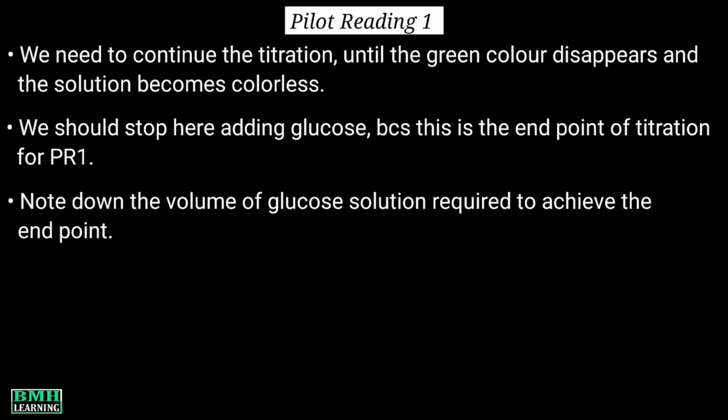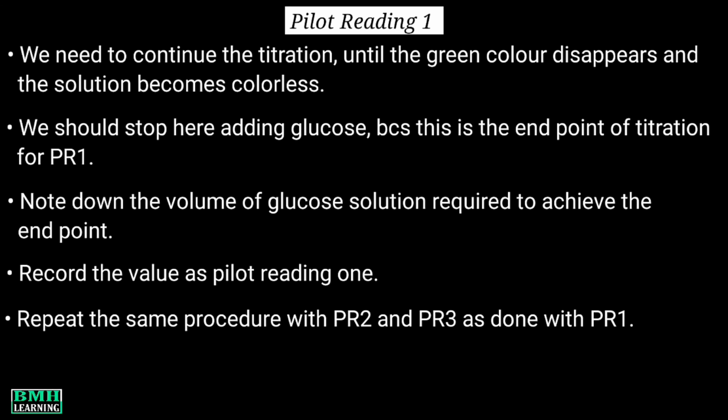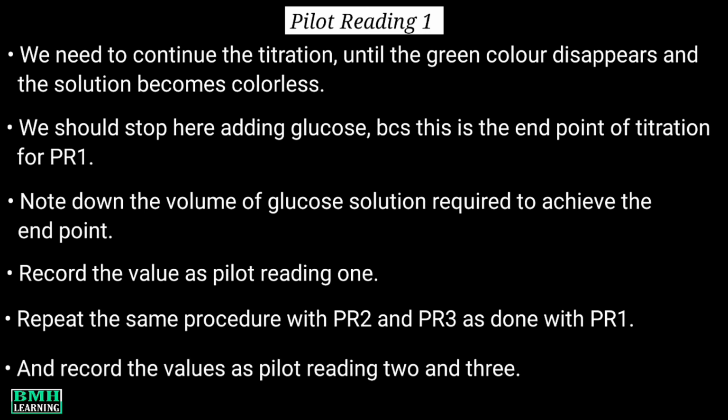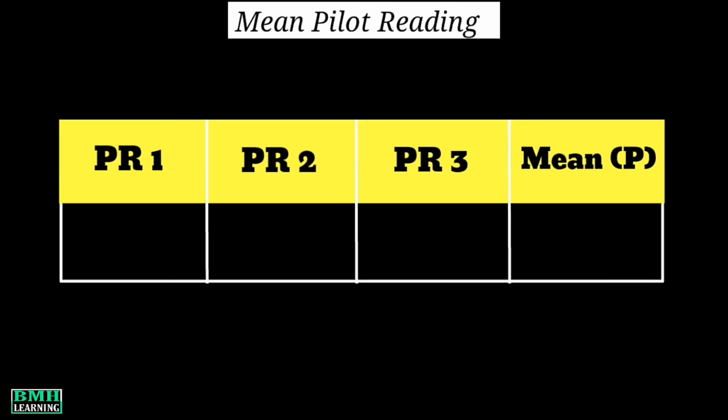Note down the volume of glucose solution required to achieve the end point. Record the value as pilot reading 1. Repeat the same procedure with PR2 and PR3 as done with PR1 and record the values as pilot reading 2 and 3. Now let's suppose the pilot readings are in this fashion.